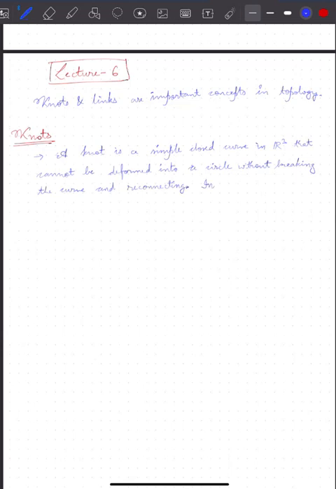So in other sense, we can say that a knot cannot be deformed into a circle by a continuous process without passing through a stage where it is not a simple curve, right?